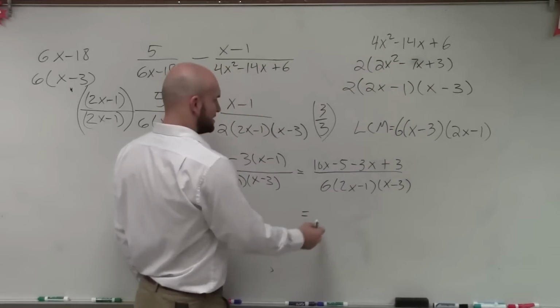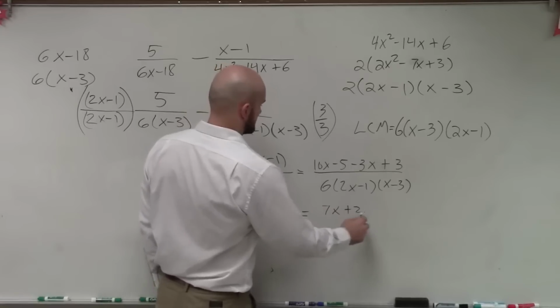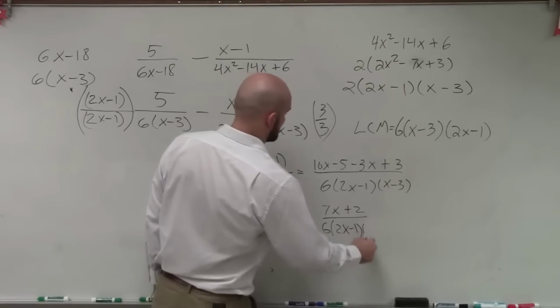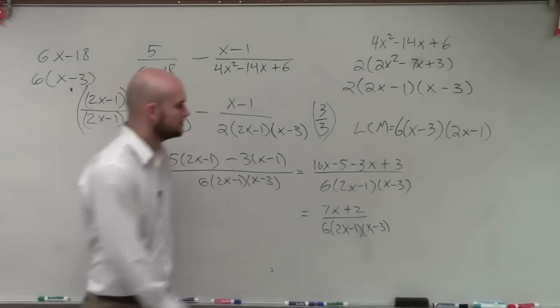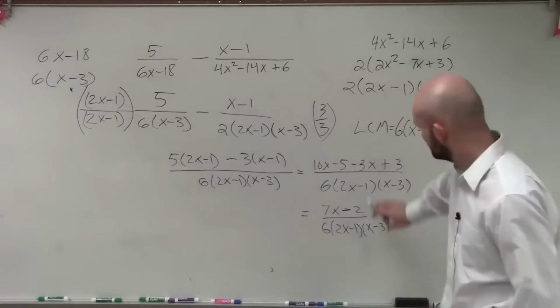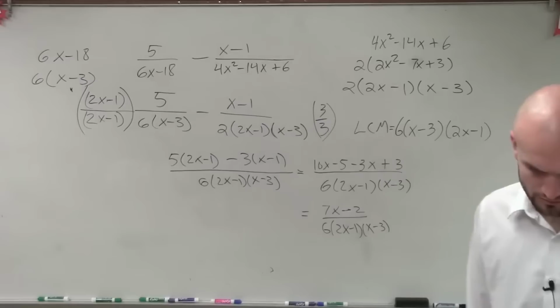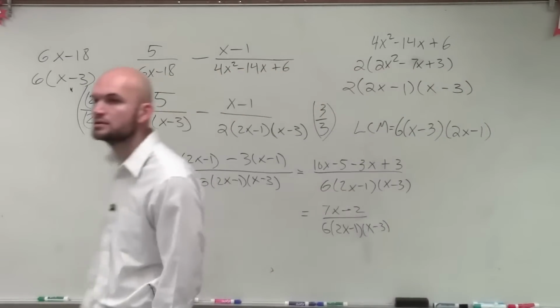Simplify the numerator again, and you get 7x plus 2 over 6 times 2x minus 1 times x minus 3. Okay, anybody have any questions on this?